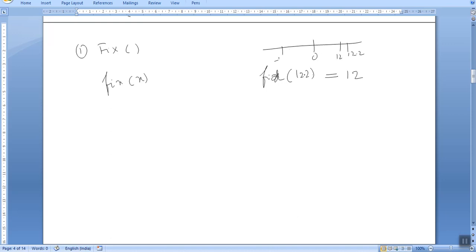Suppose you take minus 12.2, here minus 12. So fix of 12.2 is 12, and fix of minus 12.2 equals minus 12, not minus 13. We will discuss one by one.